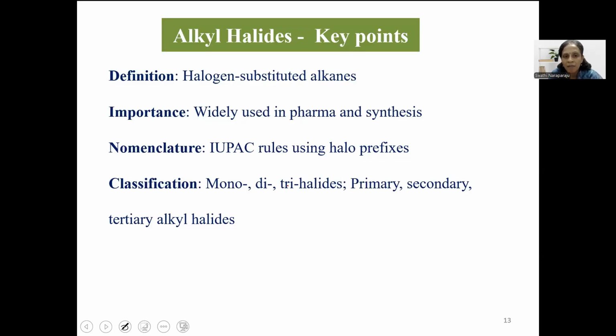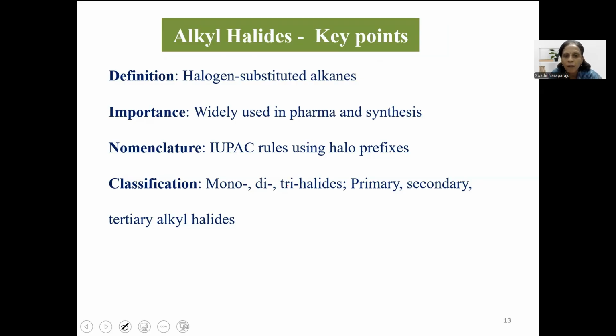As per common naming system, the nature of alkyl group should be indicated in the prefix, followed by the nature of halogen indicated in the suffix. When it comes to IUPAC system, first we have to identify the parent chain and that should be indicated in the suffix. The nature of halogen and the position at which the halogen is present should be indicated in the prefix.